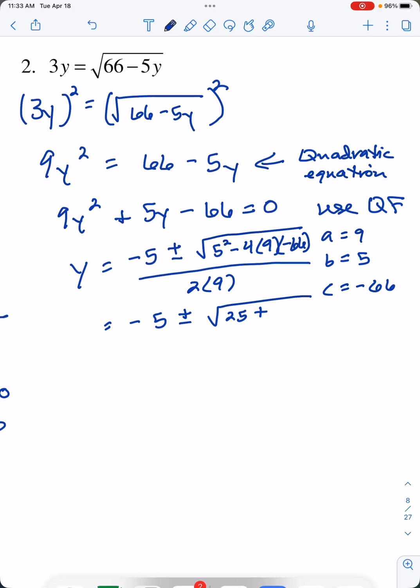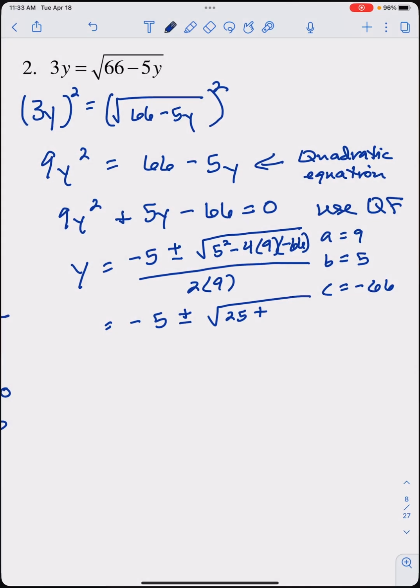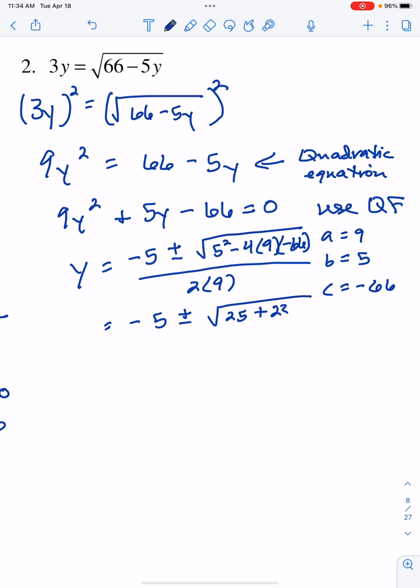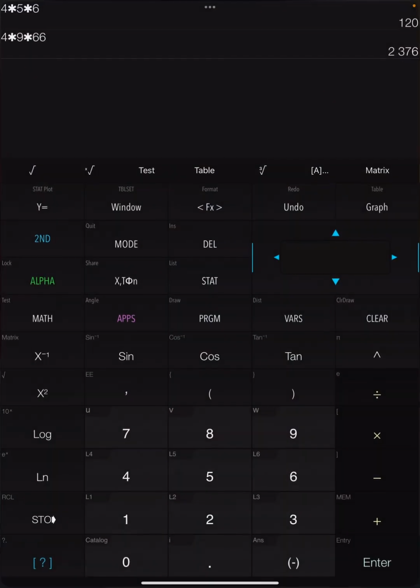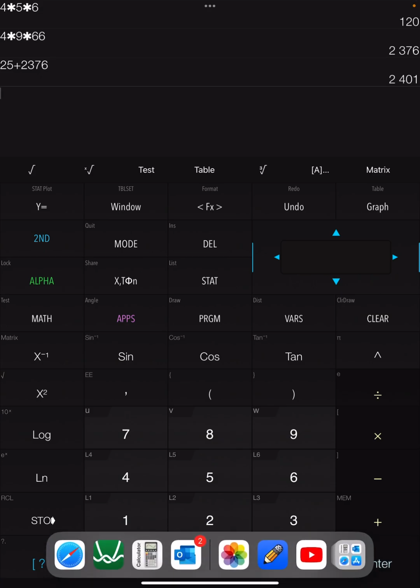Now we need to multiply 4 with 9 with 66. So we get 2,376, all over 18. Negative 5 plus or minus, we have to add those together. So 25 plus 2376 is 2401.